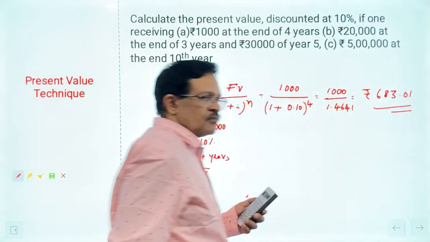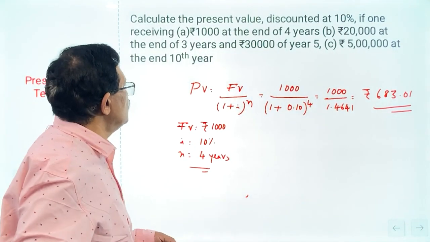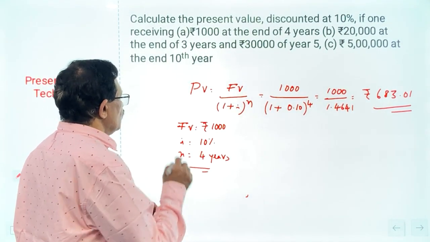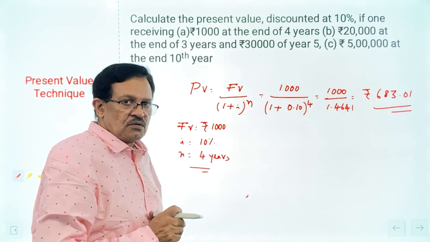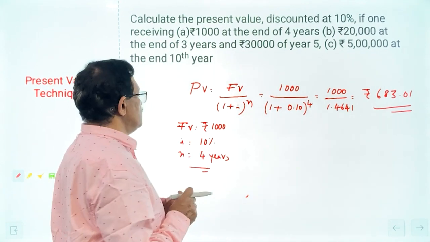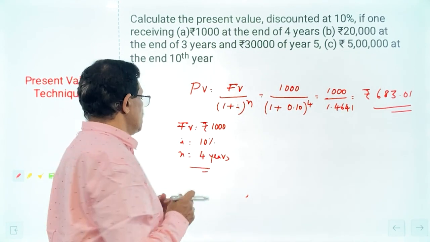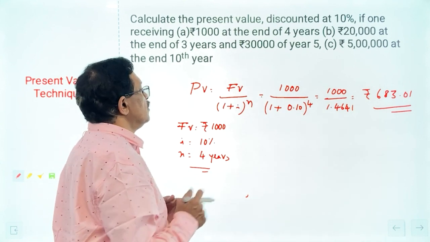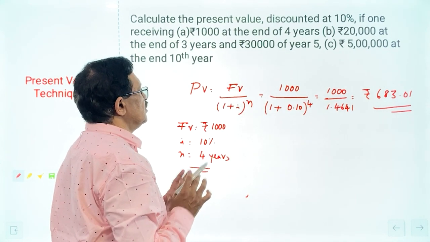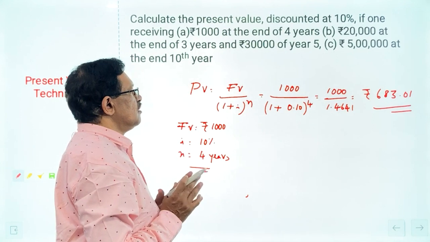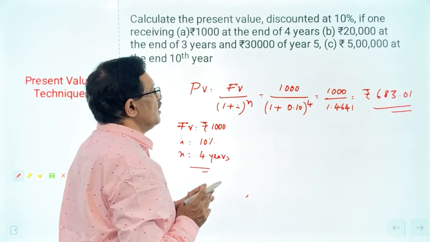This is how you are going to calculate the present value. What I have done: we know that the future value is 1000, i is 10%, or the discount factor is 10%, number of periods are 4. So I have just substituted here. The formula is future value divided by (1 plus i) whole over of n.